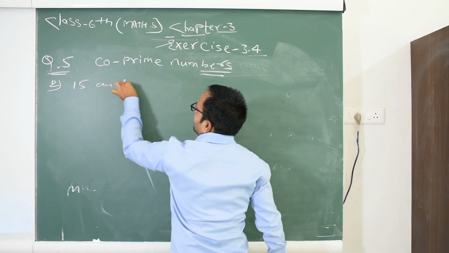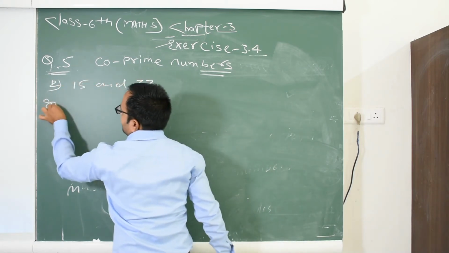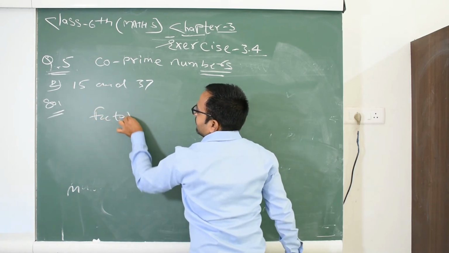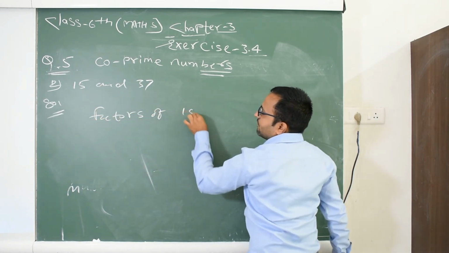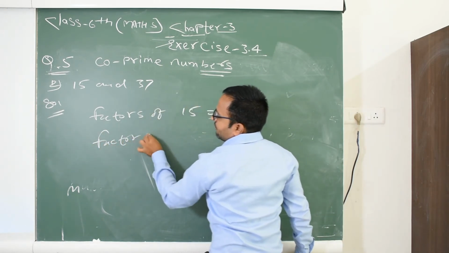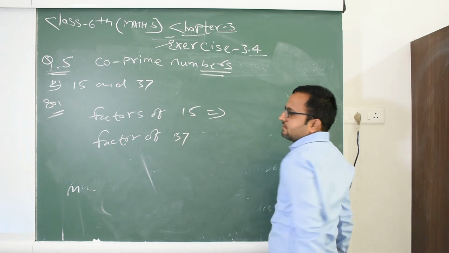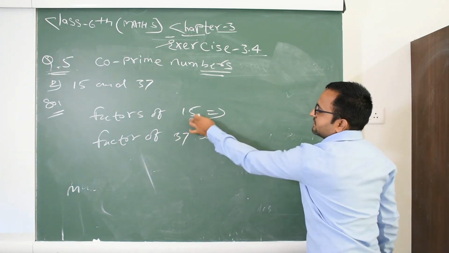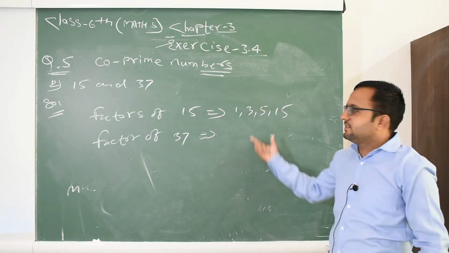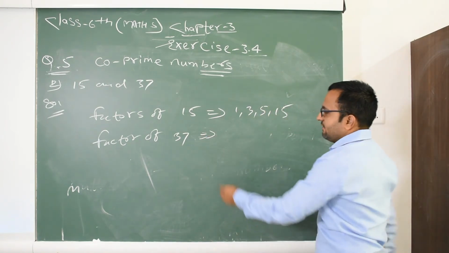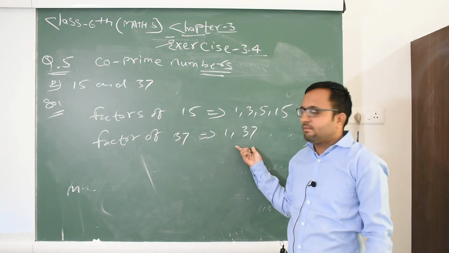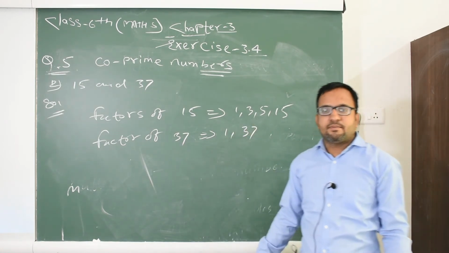First we find the factors of 15 and the factors of 37. What are the factors of 15? 1, 3, 5 and 15. The factors of 37 are 1 and 37 only, because 37 is a prime number.